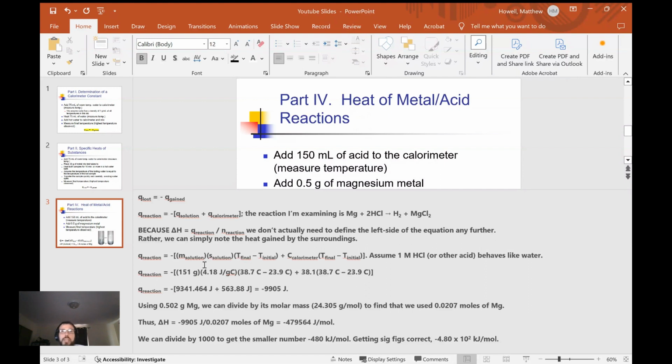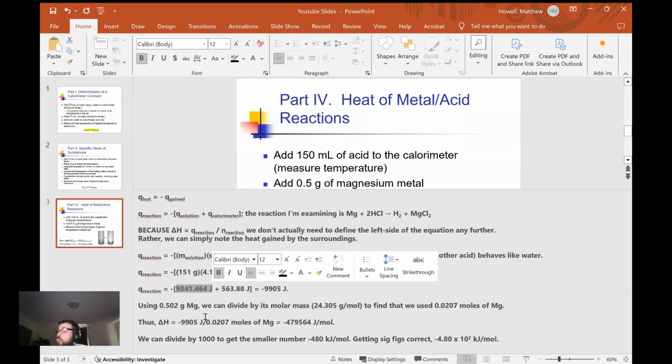So, using the same calorimeter constant from part 1 of this lab, you can see that I've just substituted my known values, and everything on the right-hand side is known. On the line below, you can see that 9,341 joules is gained by the solution.